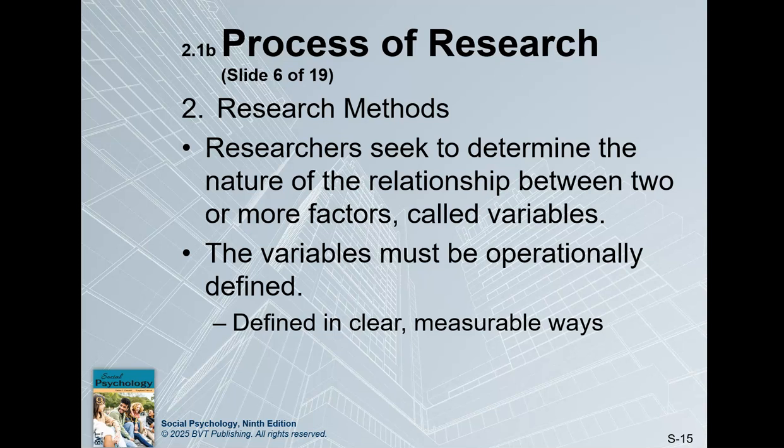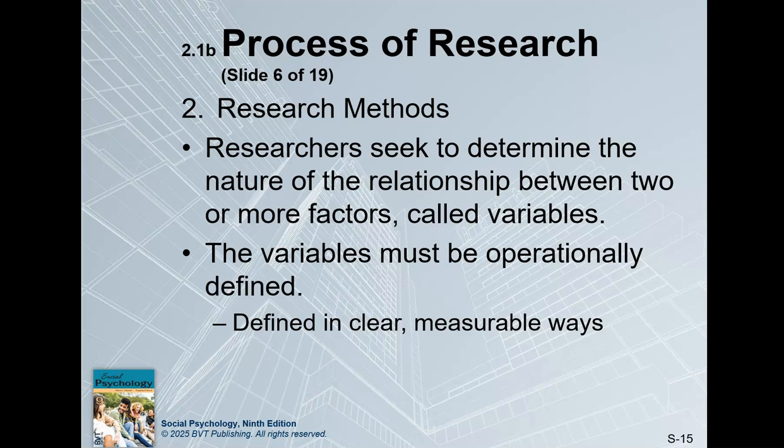Okay, so we can see here researchers seek to determine the nature of the relationship between two or more factors. So you might remember I said in the previous slide, this causes that. So each one of those is called a variable. Okay? So that's why they call them variables.